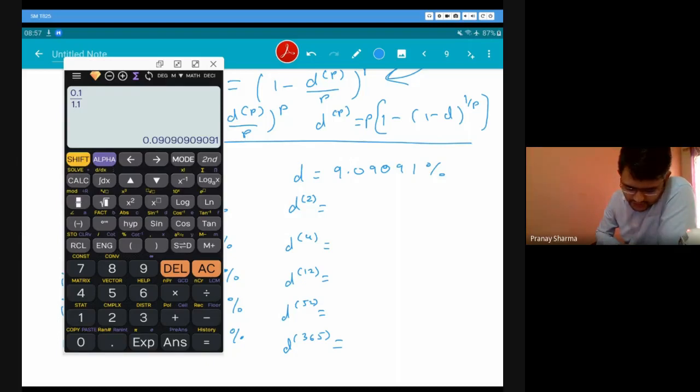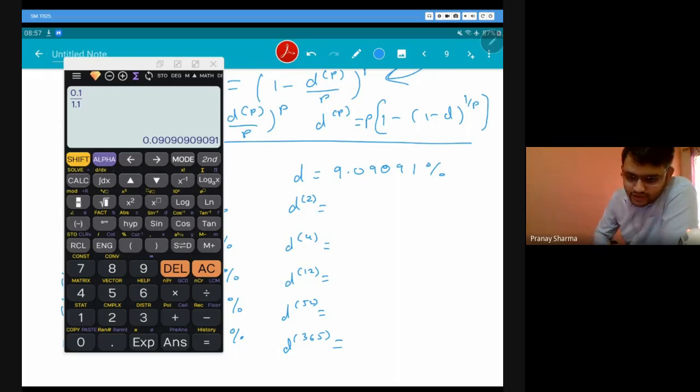Now to store this value, we use shift, and you can see above this RCL we have an STO written in yellow. So anything written in yellow can be accessed by the shift button. So if I press shift and then press this RCL button, you will see on the top I have STO written. Same thing happens in our physical calculator. That means we are ready to store.